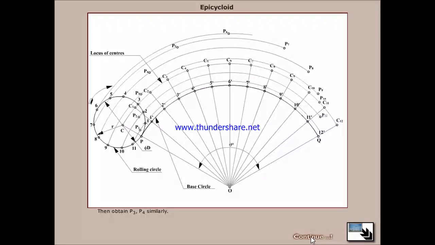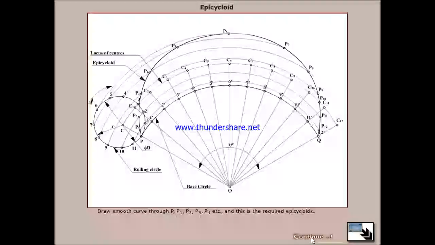Then obtain P3, P4 similarly. Draw a smooth curve through P, P1, P2, P3, P4, etc. This is the required epicycloid.